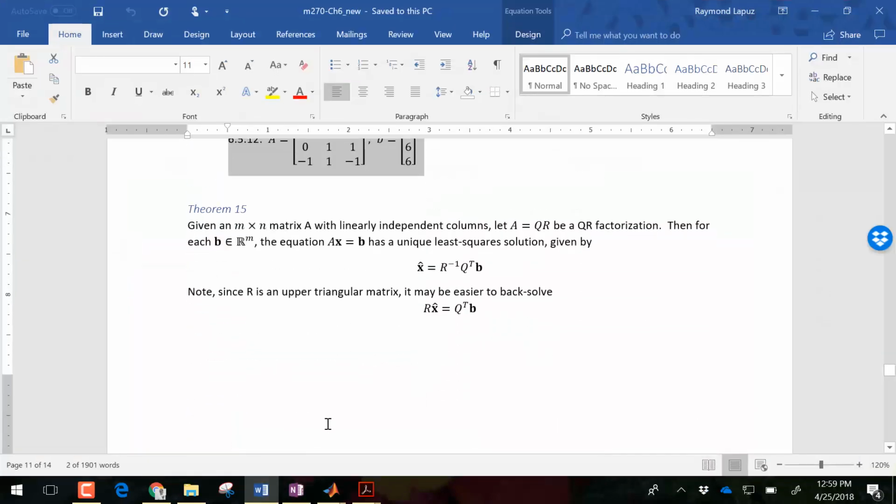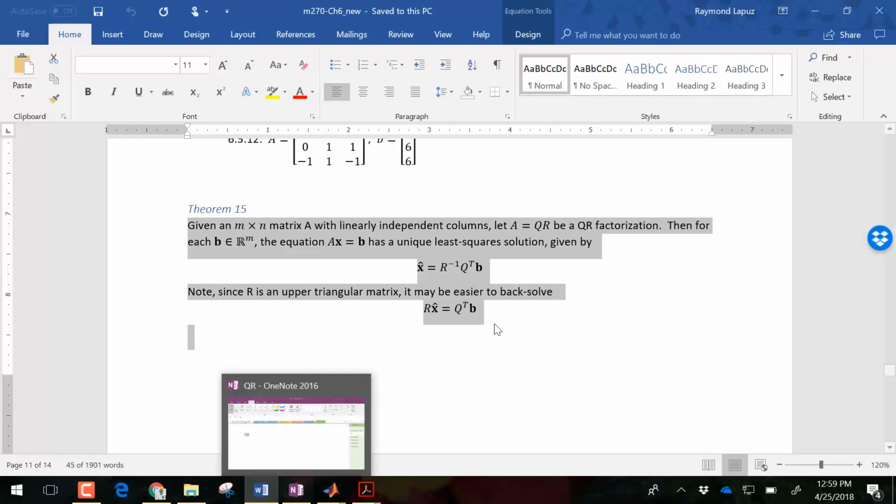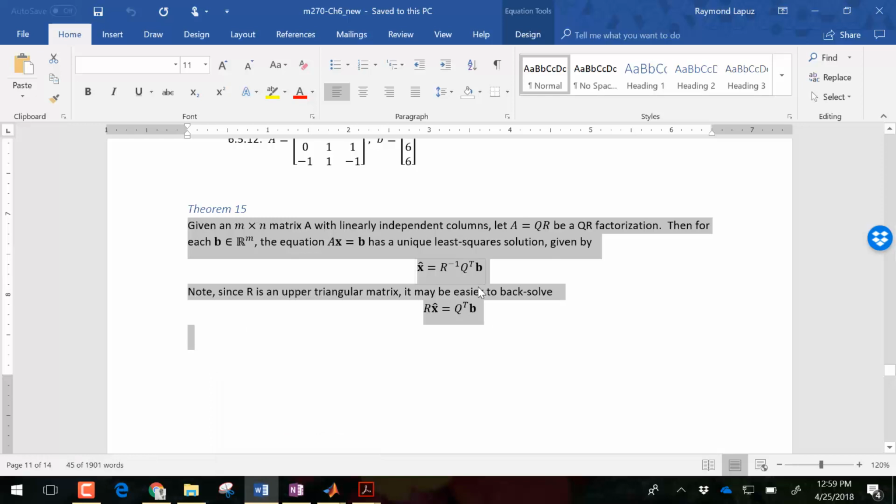That is that if your original matrix A happens to be an orthogonal matrix, which means the columns are all orthonormal, or if you can find a QR factorization, then your problem might be a little bit simpler.